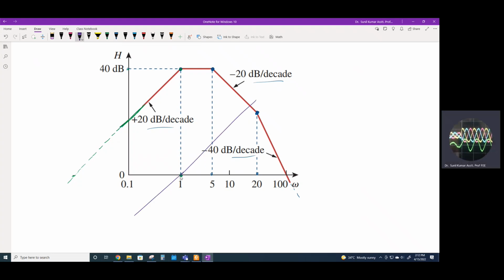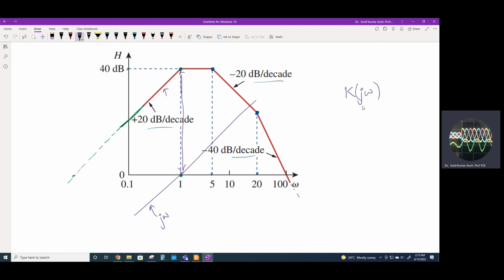So this is my standard line which is crossing omega equals 1, and it is given as j omega in the numerator of the transfer function, but it is upward shifted by 40 dBs. That means this line contains two terms, j omega, and also a constant factor which is k. So this is supposed to be k times j omega.